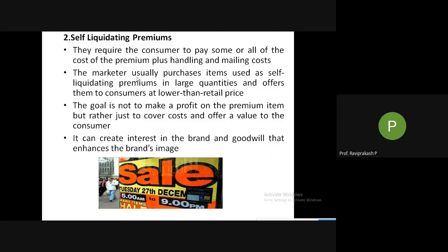Even recently I've seen in Trends, if you buy more than an amount of around 3,000 or 4,000, you get some dinner set or something on payment of just 500 rupees more. Even that is kept for 7,000, Vishal says.